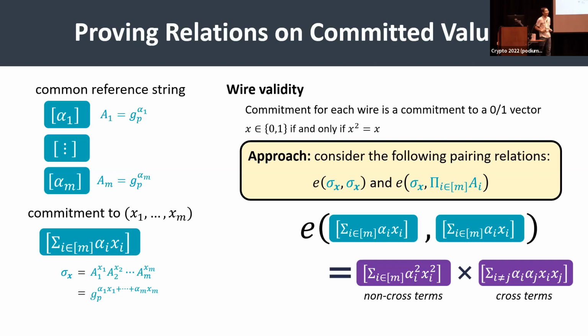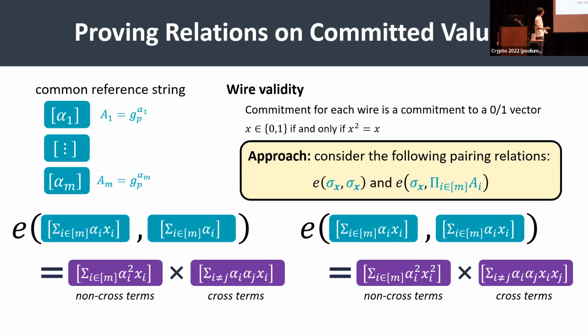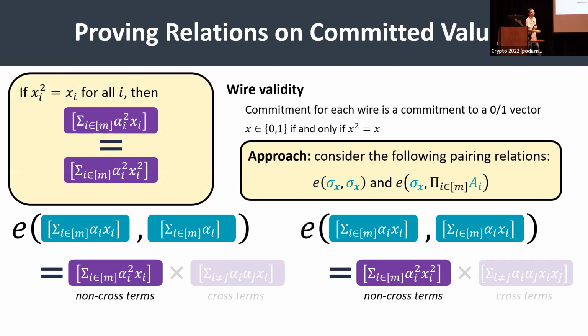So this is the first equation that we're going to look at. The second equation is we'll pair the commitment with a commitment to the all ones vector. Let's see what happens here. Something very similar happens. Here we have a sum of the alpha i's, and here we have a sum of the alpha i's. We can again decompose this product into a collection of non-cross terms and then a collection of whatever's left, namely the cross terms. So here, let's just focus our attention on the non-cross terms.